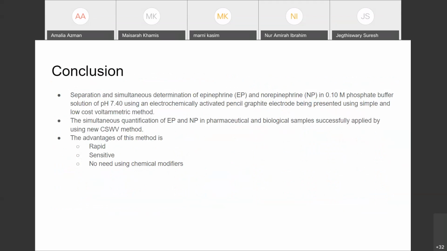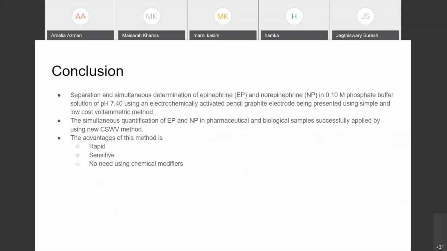For the conclusion of this journal, we can say that separation and simultaneous determination of epinephrine and norepinephrine in 0.10 molar phosphate buffer solution of pH 7.40 using an electrochemically activated pencil graphite electrode is presented using a simple and low-cost voltammetric method. The simultaneous quantification of EP and NP in pharmaceutical and biological samples was successfully applied by using the new CSWV method.